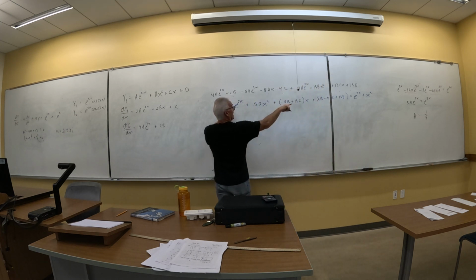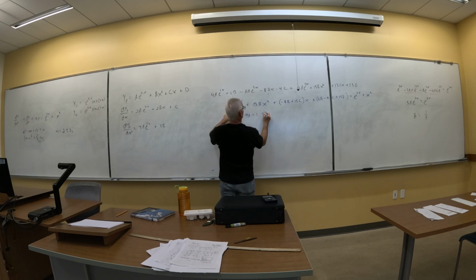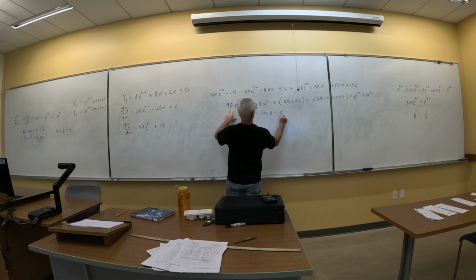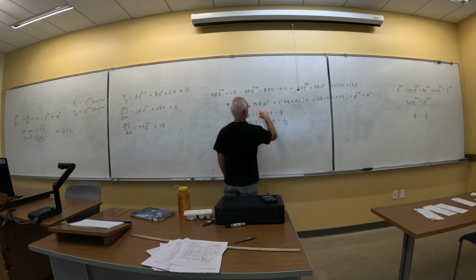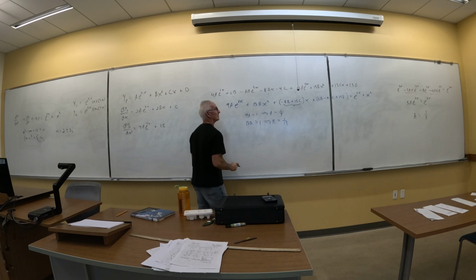So I've got 9a equals 1, so a equals 1/9. Beautiful. What else do I have? 13b equals 1 also. Now what do I got? That must equal 0.